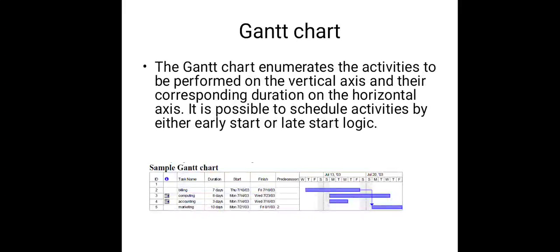In the early start approach, each activity is initiated as early as possible without violating the precedence relation. In the late start approach, each activity is delayed as much as possible as long as the earliest finish time of the project is not compromised.